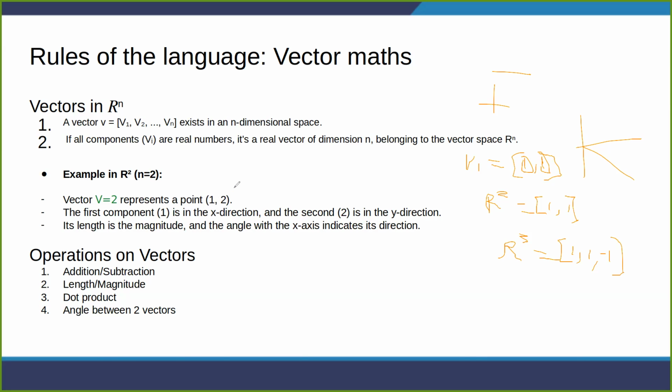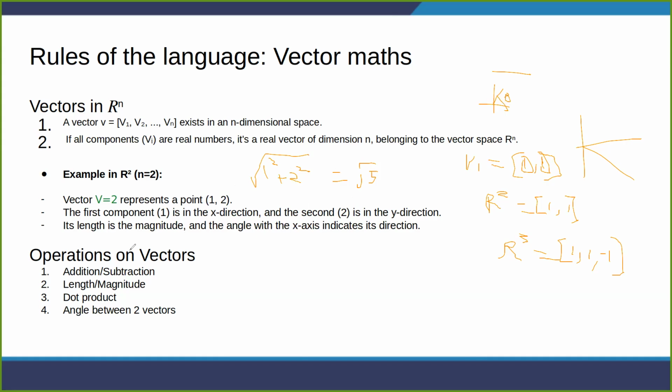Its magnitude you can calculate as 1 square plus 2 square, which is under root 5. The angle with the x-axis indicates its direction. So 1 comma 2 is maybe this, and this is its angle theta.